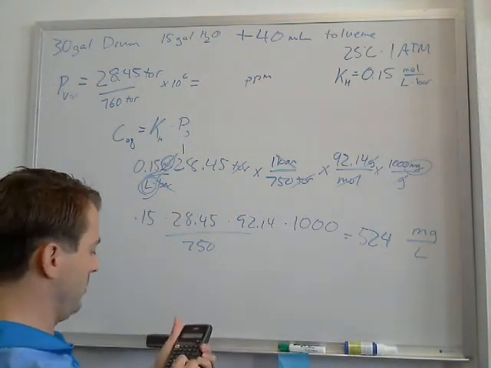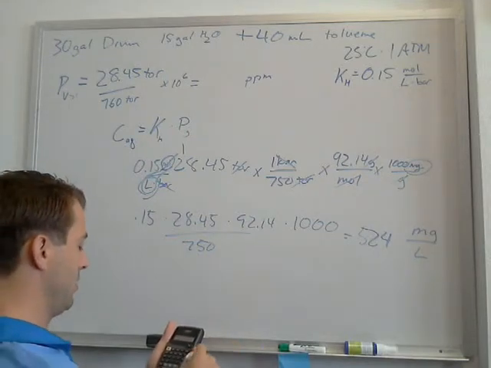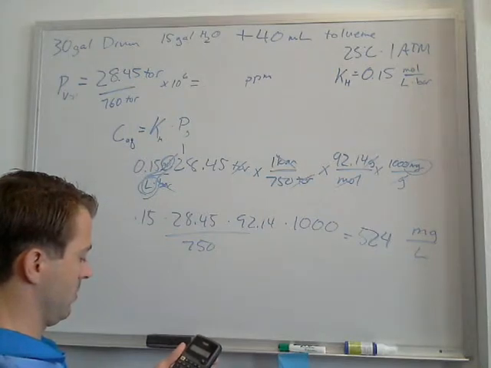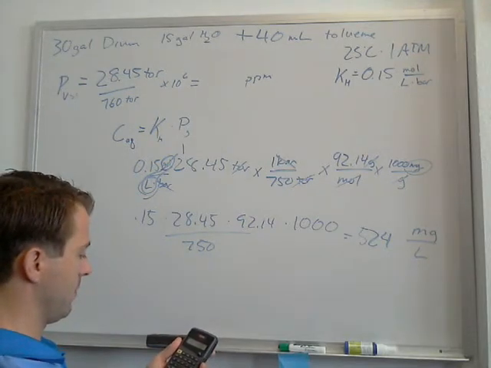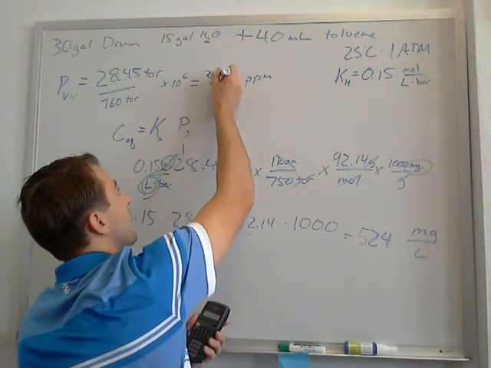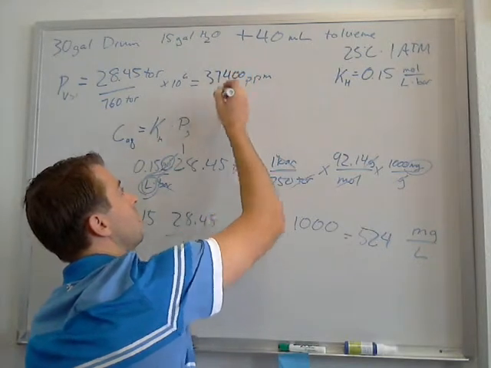And we get 28.45 divided by 760 times a million. So 37,434. We'll just say 37,400.